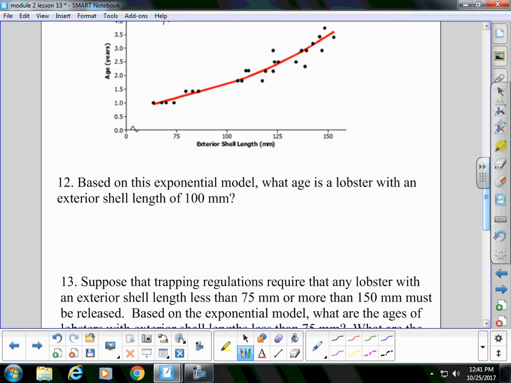Okay, based on the exponential model, what age is the lobster with an exterior shell of 100 millimeters? So we're going to be plugging in 100 for x.